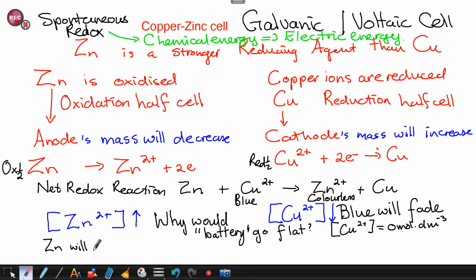No, it will be completely corroded. So if there's no more zinc electrode left in the cell, if it's eaten away, if everything went into solution, the cell can't function either.